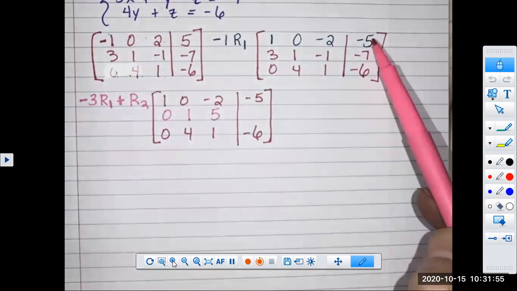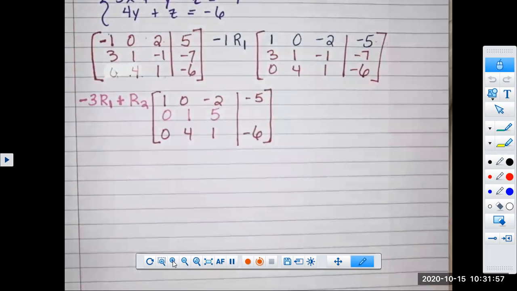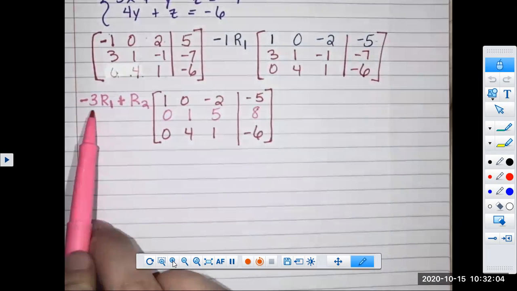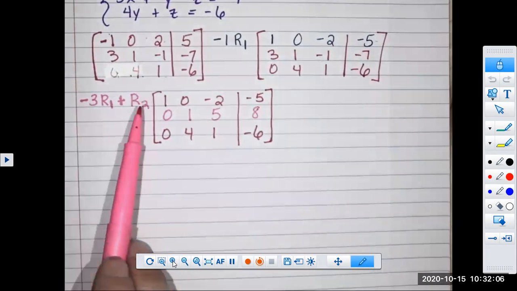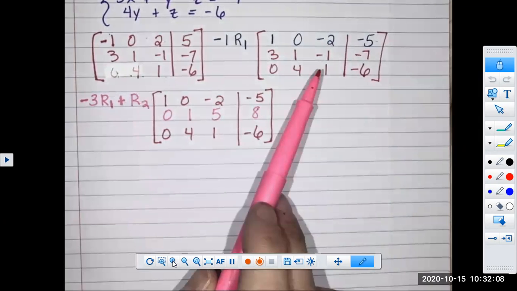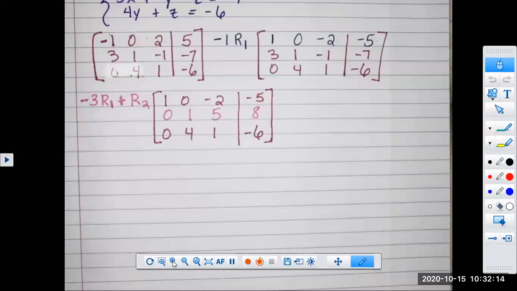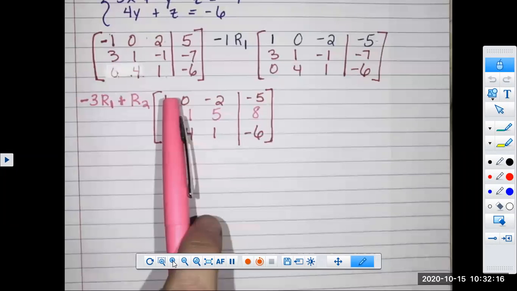Negative 5 times negative 3, 15 minus 7 is 8. So even though you write this, you're doing this part to the previous matrix to get your new row and new matrix. Okay, so we have 1, 0, 0 down this column.